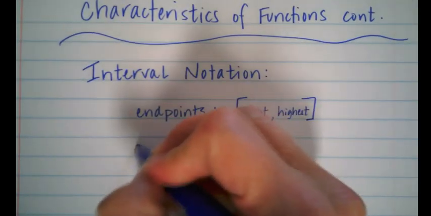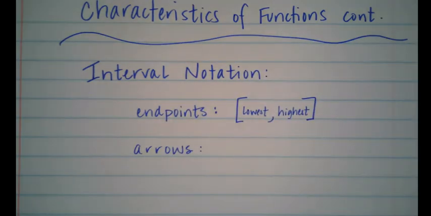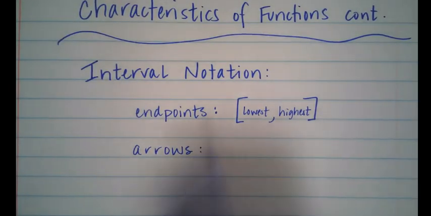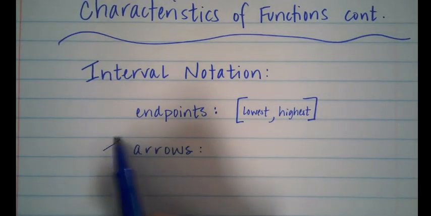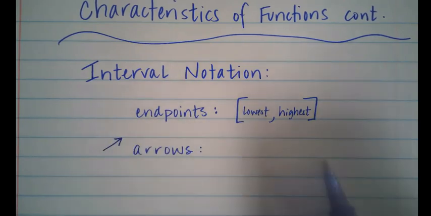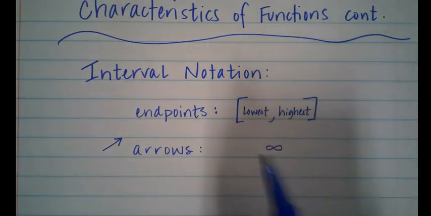What would happen otherwise would be if there were arrows at the end of our function, then the arrow implies that our function just continues on forever. So we don't have endpoints. It's just going to go on forever. If that's going in a positive direction, that would be a positive infinity.